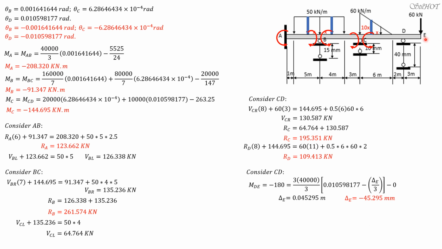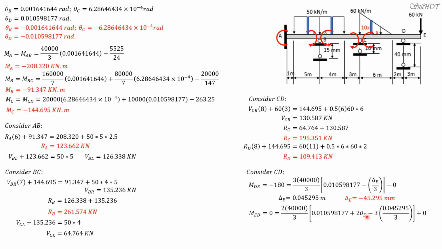For theta E, we set up slope deflection equation ED. There is moment at D. So the formula is 2EI over L. So 2 times EI 40,000 over L, and moment ED is 0, equals 2 times 40,000 over 3 times quantity theta D plus 2 times theta E minus 3 times delta over L. So we go back to the original delta by slope deflection equation over L. Plus, there's no fixed moment.